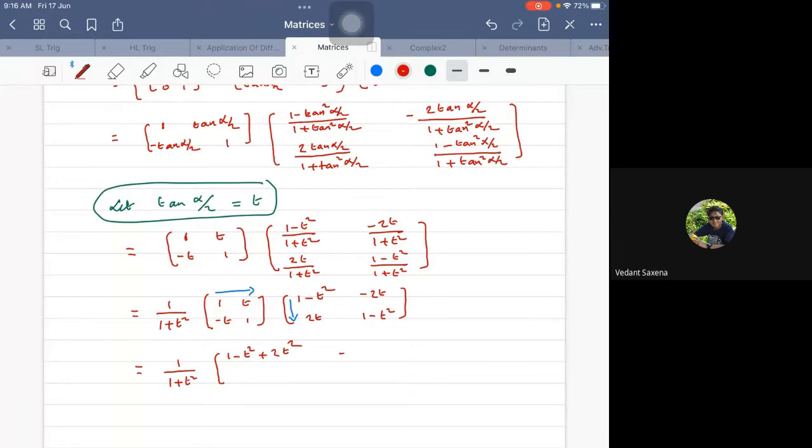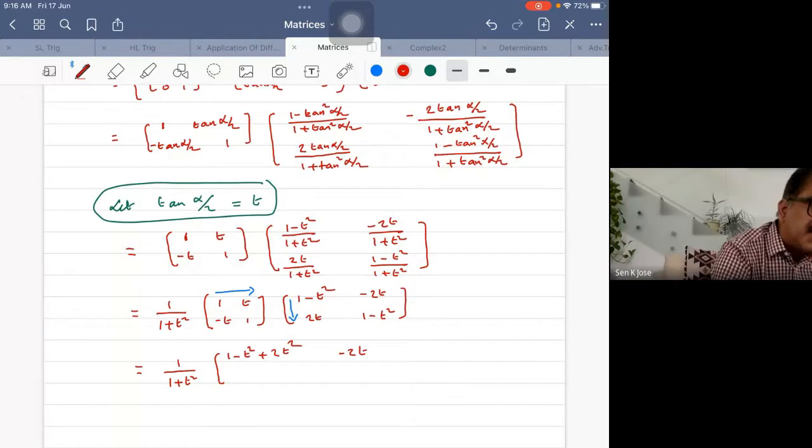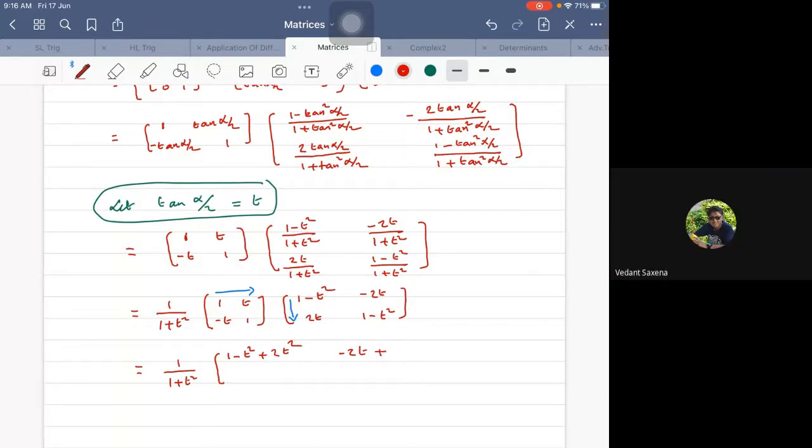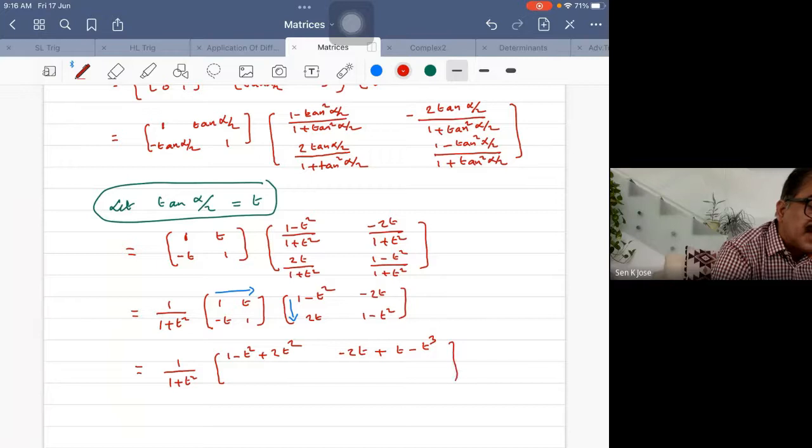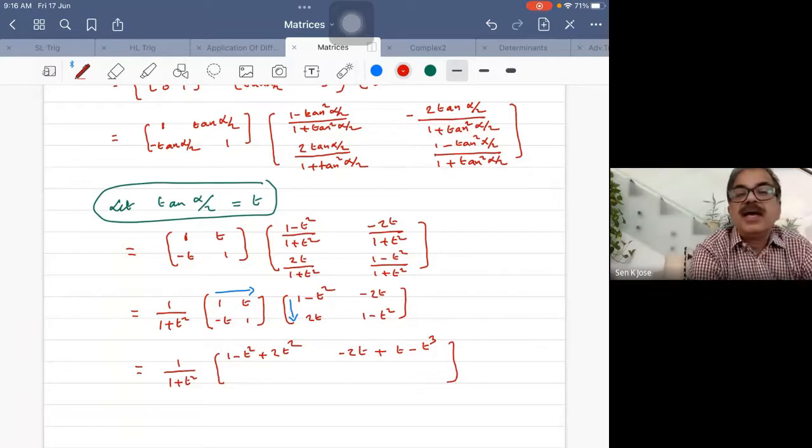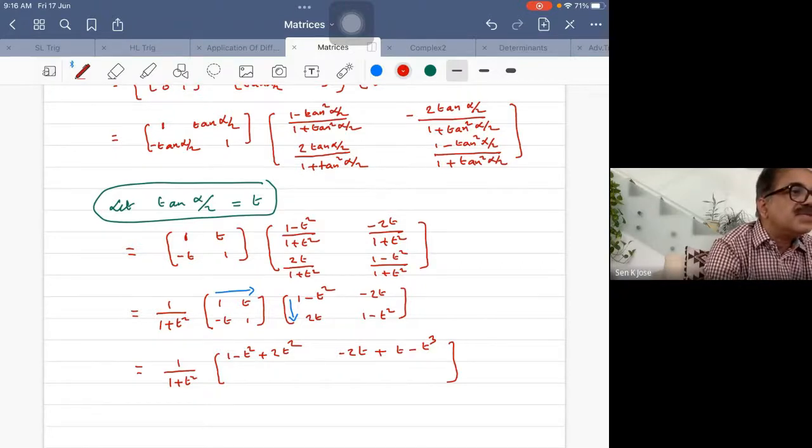So we'll get 1 into minus 2t is minus 2t, plus t into 1 minus t square. Can we write it as t minus t cube? Very good. So that's the second element there. And Tarun, multiply the second row with the first column.